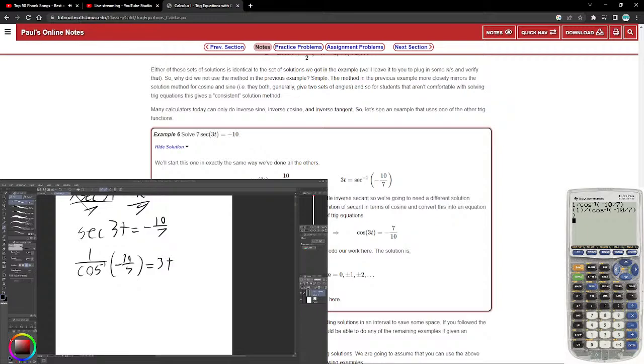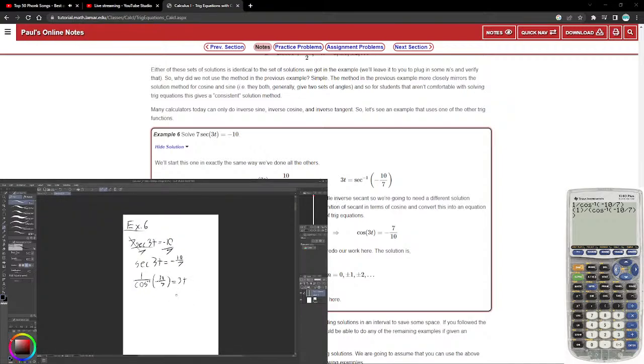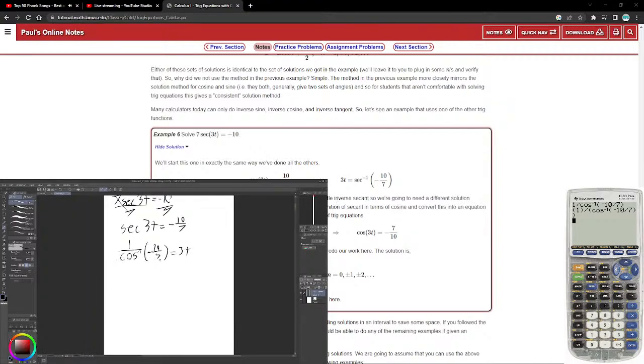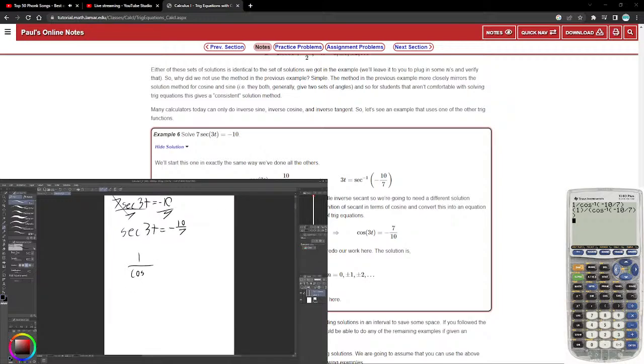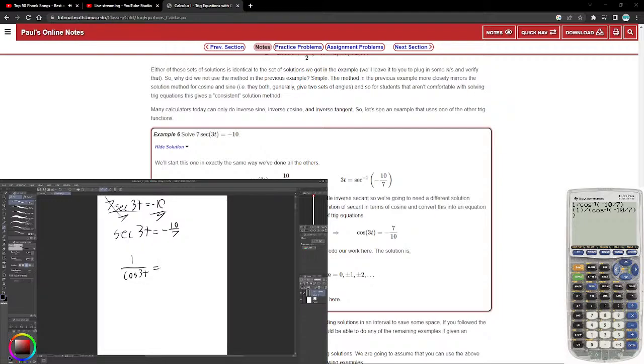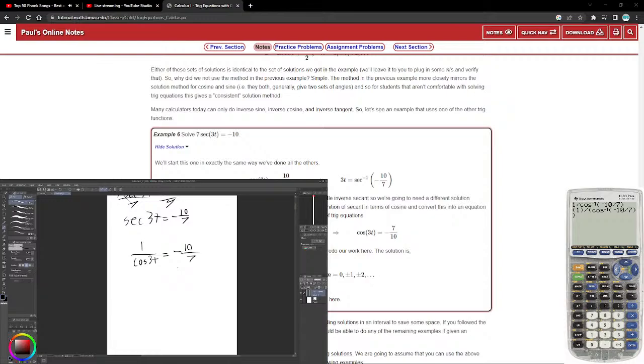Huh? So then it just flips. It just flips, are you kidding? Okay. 1 over cos 3t equals -10 over 7.